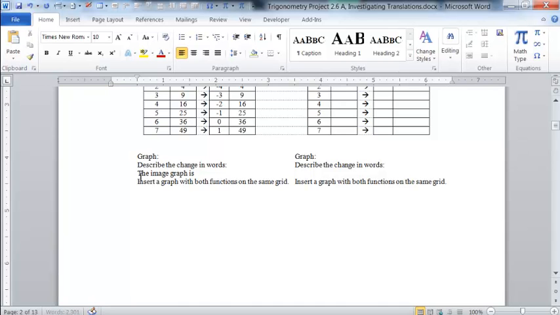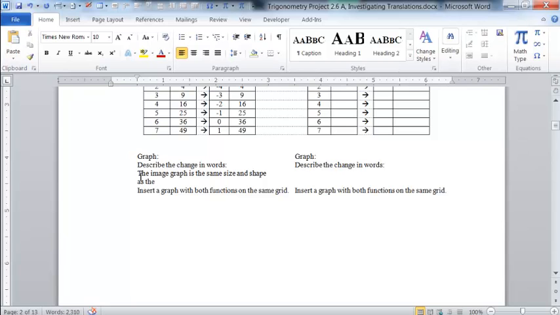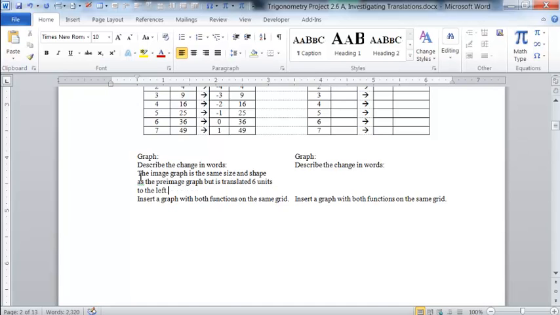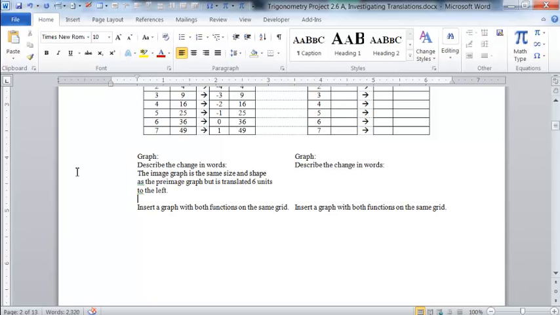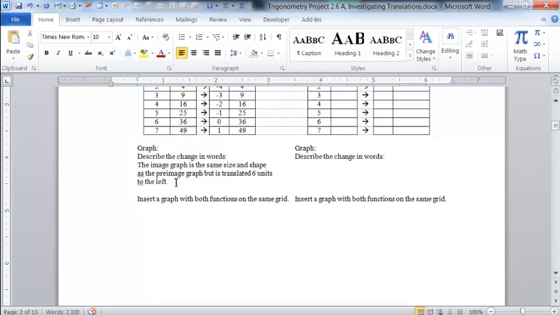Image graph is the same size and shape as the pre-image, that's the old one, graph, but is, okay, the technical term is translated, 6 units to the left. So other words you might use might be slide, scoot, shift, okay, but it's basically the same. So 6 units to the left.